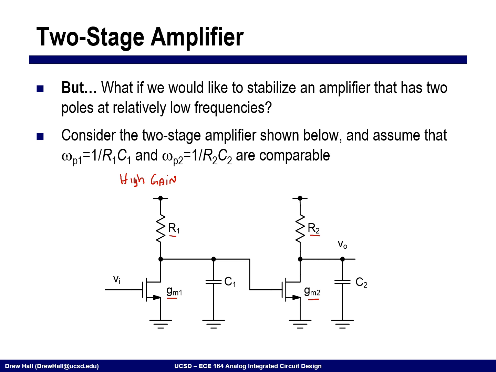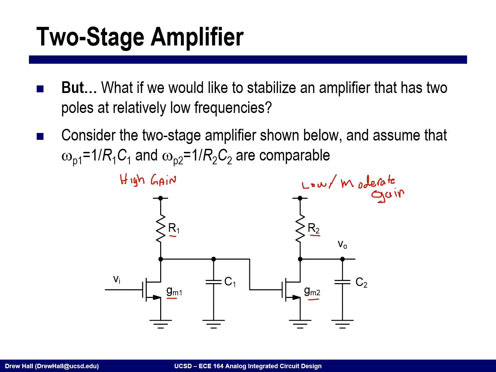And so this is meant to be a low to moderate gain, but wider swing stage such that we get an overall path gain that is the product of these two gains.